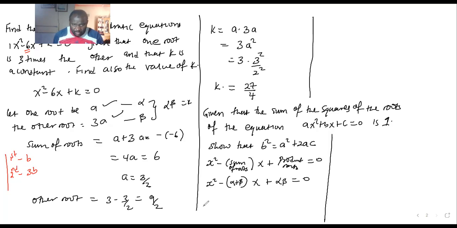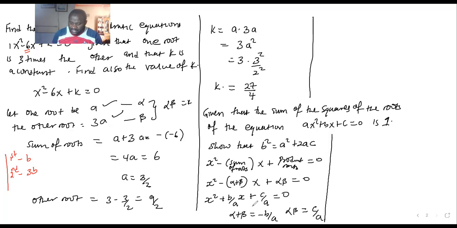According to our quadratic equation, it is in line with x squared plus b over a of x plus c over a is equal to 0. It means the sum, alpha plus beta, is equal to negative b over a. The product, alpha times beta, is equal to c over a.